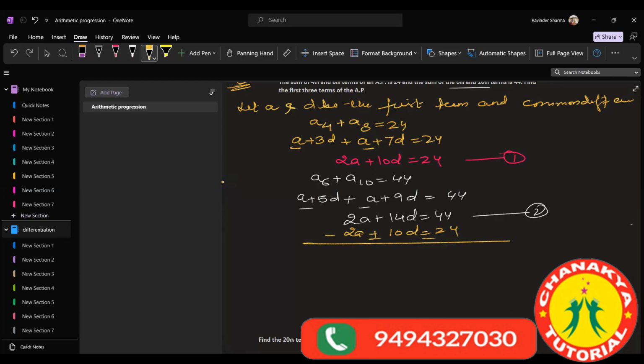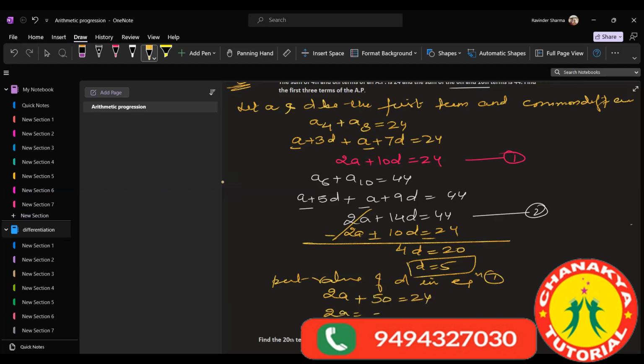Then 14D minus 10D, that is 4D, is equal to 20. Then the value of D will be 5. Now put the value of D in equation 1. So it will be 2A plus 50 is equal to 24. Then 2A is equal to minus 26. Then the value of A will be minus 13.